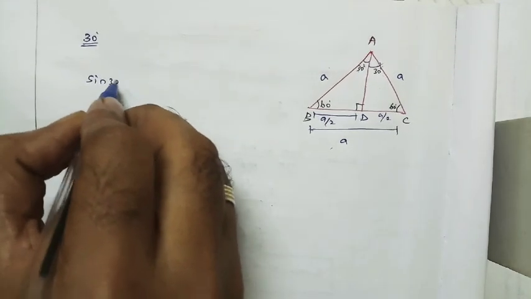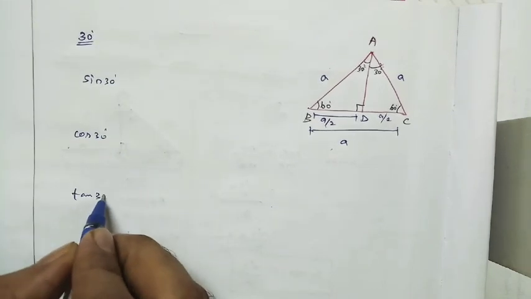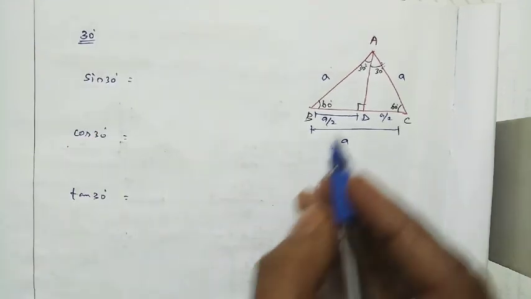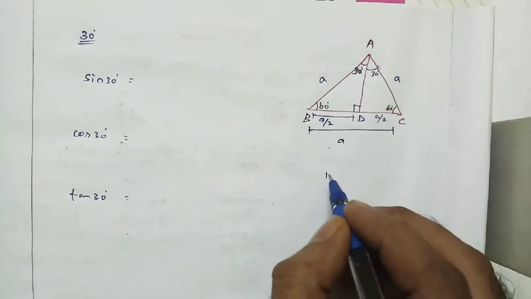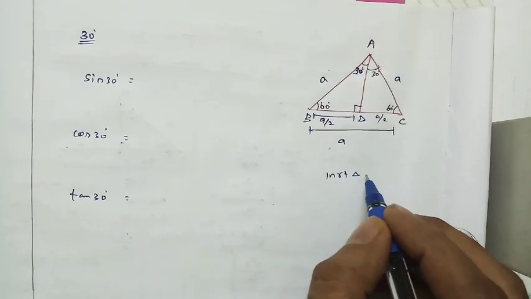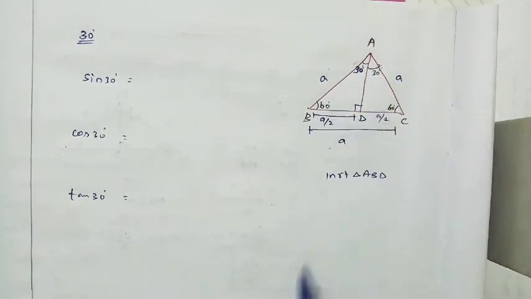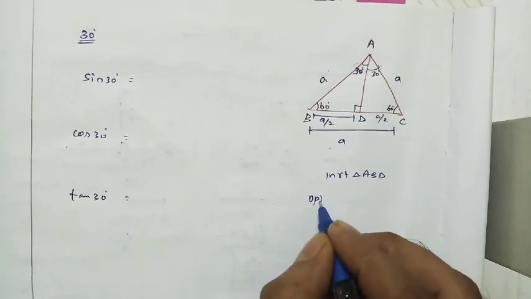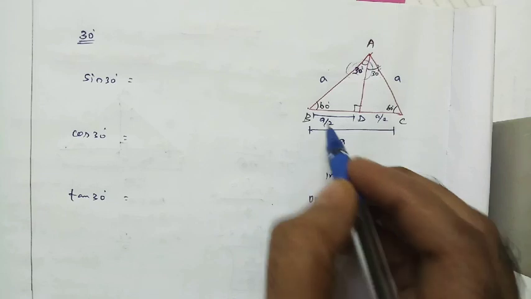Now I am going to find sin 30, cos 30 and tan 30. Which is the 30 degree? In triangle ABD, in the right triangle, that is very important. Angle A is nothing but theta. So what is the opposite side? The opposite side for angle 30 degree is A by 2.